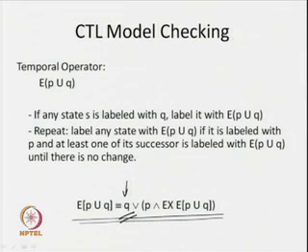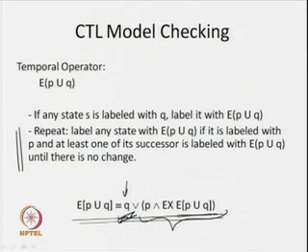If Q is true there, then we label with EP until Q. And if not, we have the second condition, the repeat clause: P must be true in that state, and there exists a path where the next state is labeled with EP until Q. From this equivalence, we are developing this method.